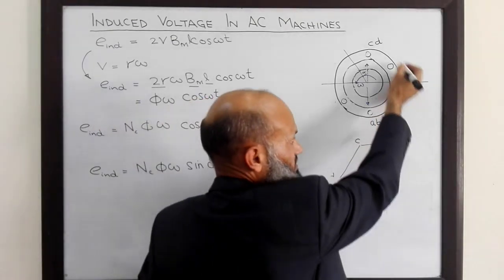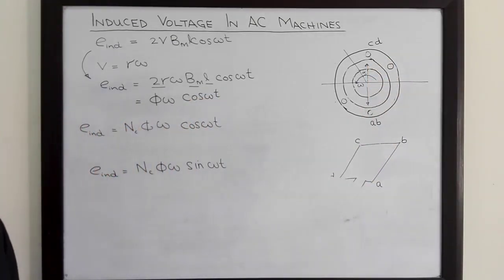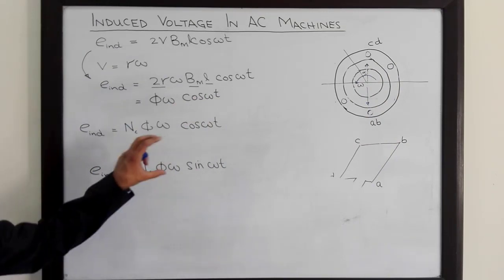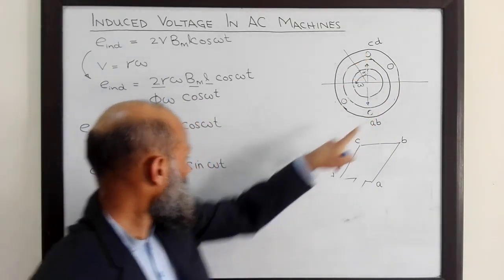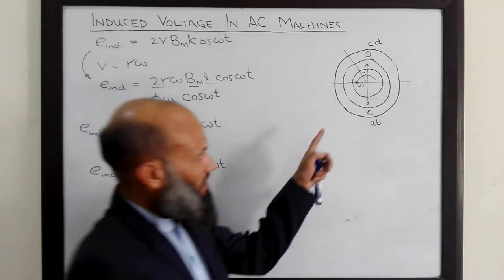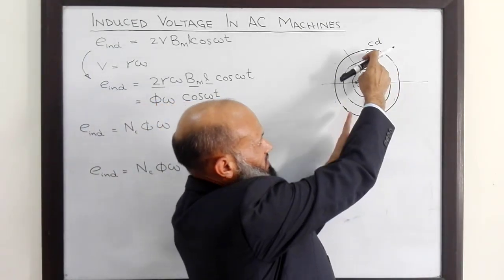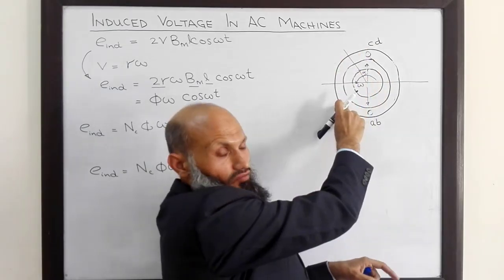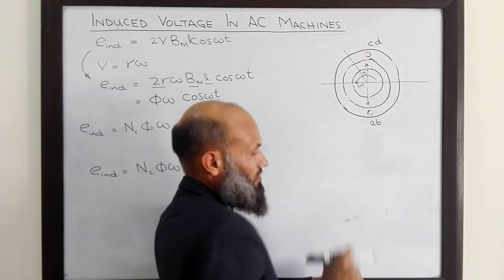If this angle is taken as the reference angle, 0 angle, then the voltage induced in this coil will be given by this expression. So what if we place another coil over here, that is a coil with an angle of 120 degrees from this coil?